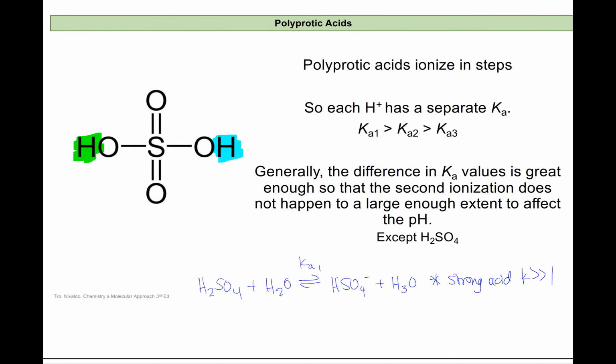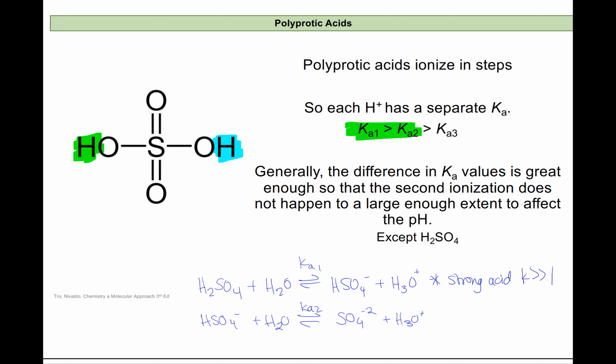products almost entirely. Then in the second step, we have our HSO4 minus that will react with water, and it will form SO4 2 minus plus more H3O plus. And this is Ka2. Ka2 is going to be smaller than Ka1, as we show here.